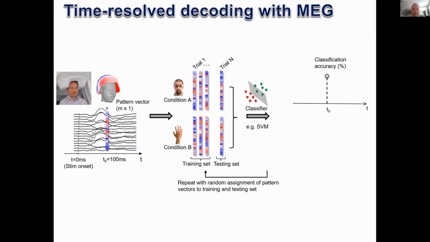And one can repeat this procedure exactly the same way for every time instance, millisecond by millisecond, to extract what we call a decoding time course. So you repeat this procedure separately for every time point and get the corresponding decoding accuracy.